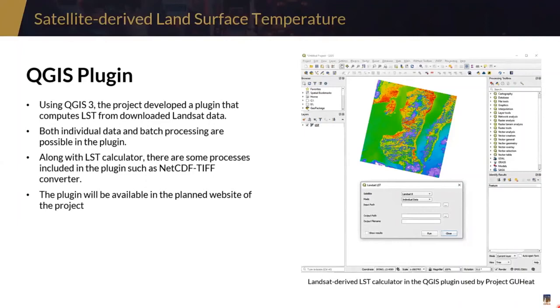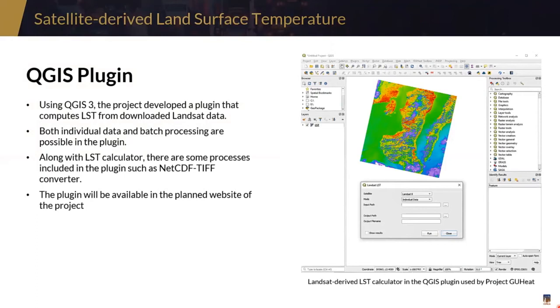It does a similar thing to GEE, generating LST from Landsat data. We made individual and batch processing in the plugin. Along with our LST generator or LST calculator, we included some processes in the plugin such as a NetCDF to TIFF converter.